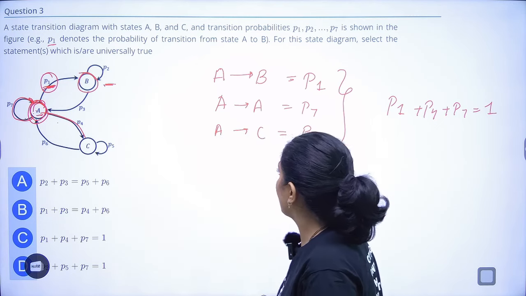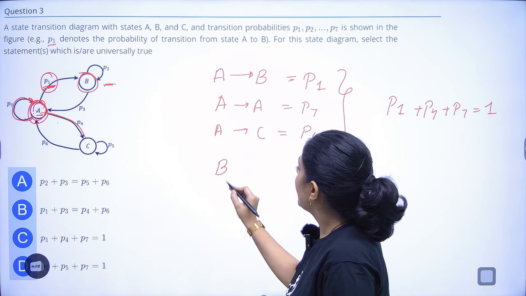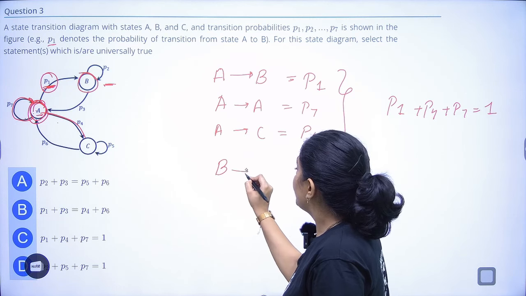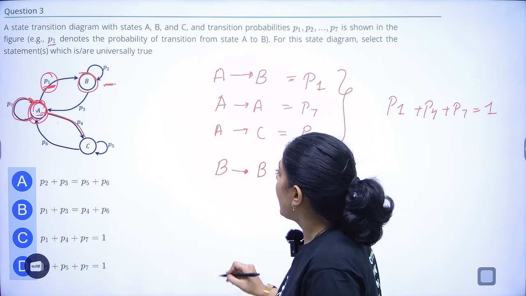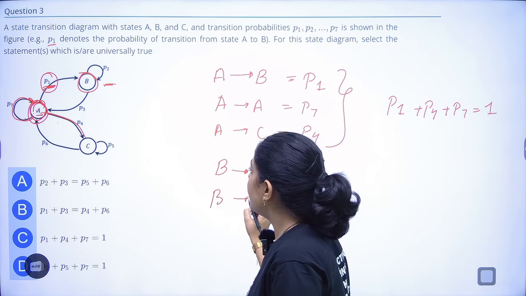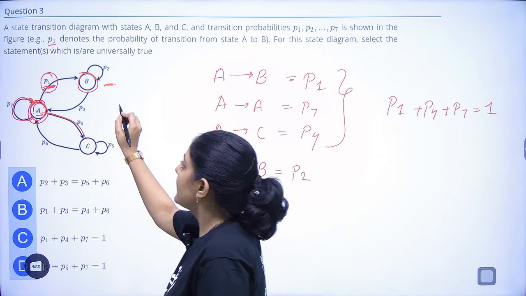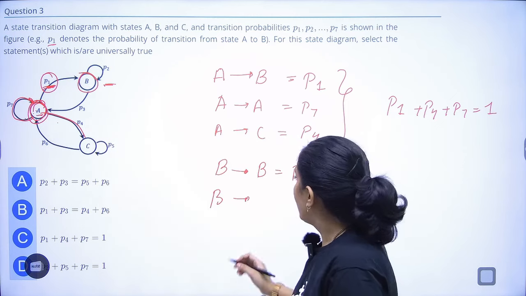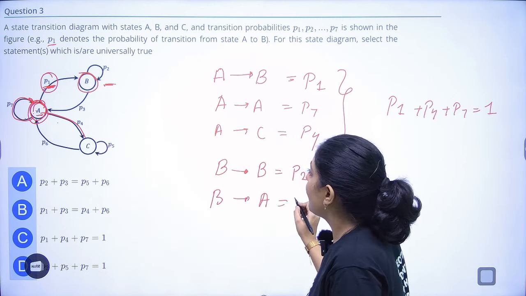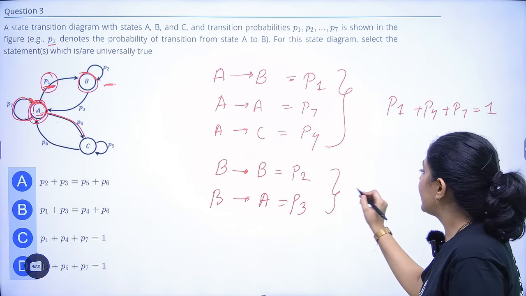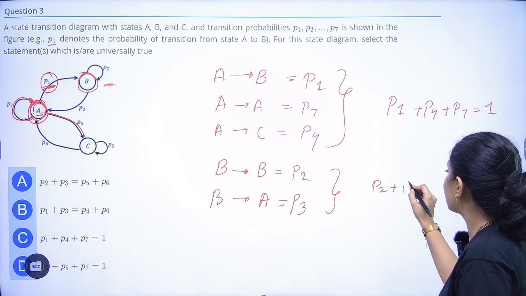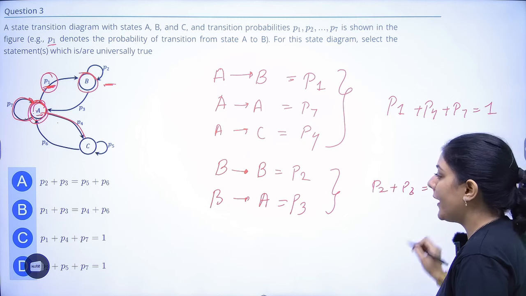So let's talk about state B. From B to B itself, the probability is P2. B is not moving to C. B is moving to A, the probability is P3. So we can say that P2 plus P3 will be equal to 1.